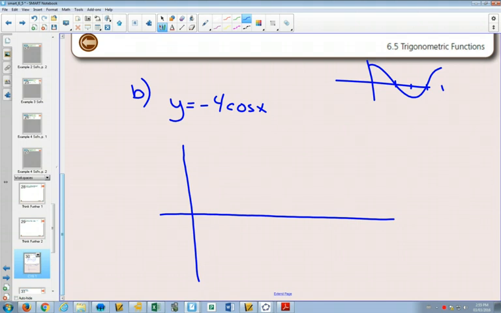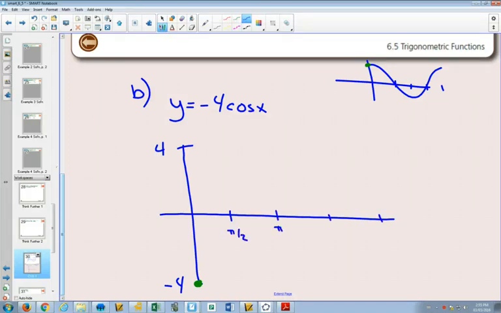So instead of going from 1 and -1, it's now going to go all the way up to 4, all the way down to -4. And a cos graph normally starts at a maximum, but when you multiply that by the -4, it's going to get flipped down, and it's going to start at a minimum. We split our graph up into those 4 sections again.